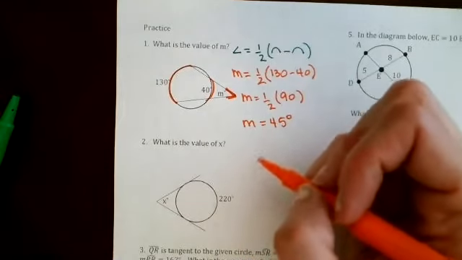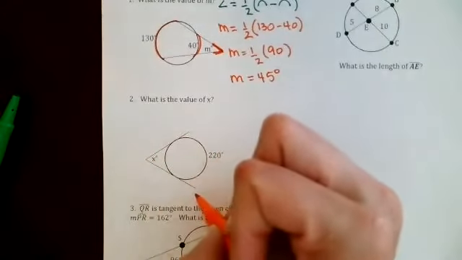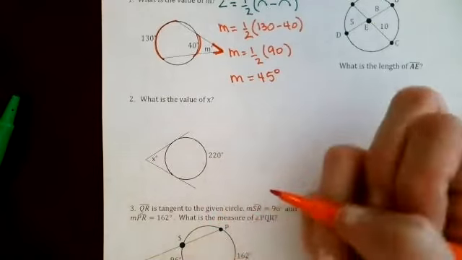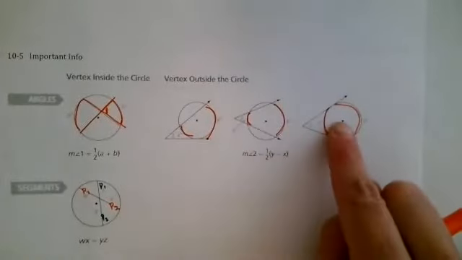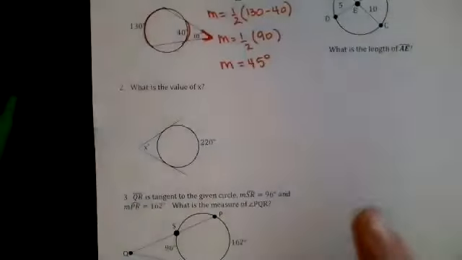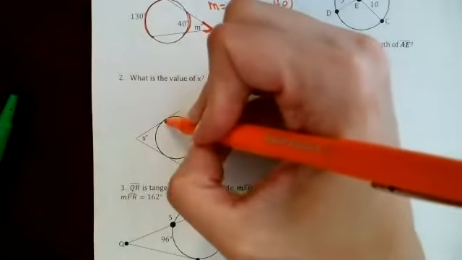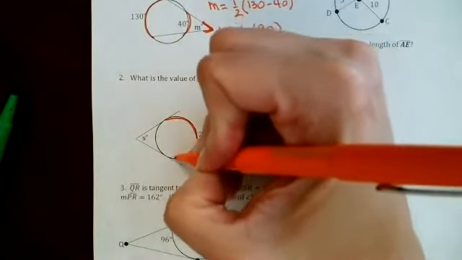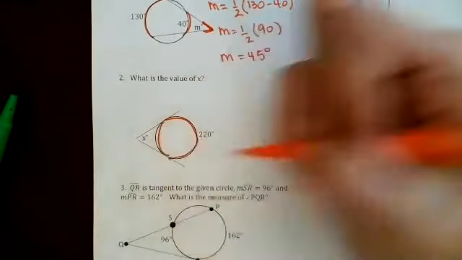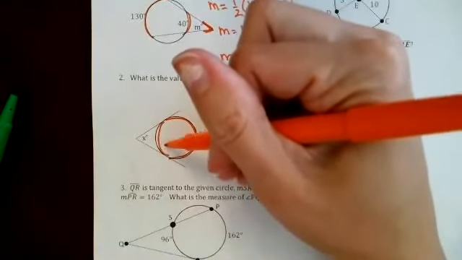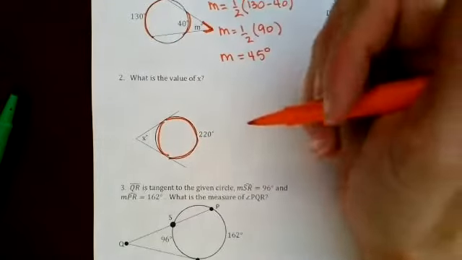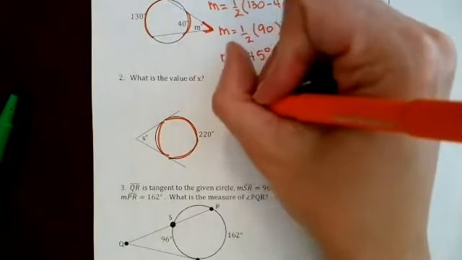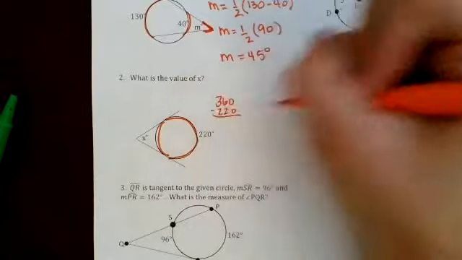Then I have a tangent and a tangent. And I'm going to use the same formula because on our notes, we said all three of these cases get the same formula. So we've got two arcs. I've got this arc and I've got this arc, but I don't know this arc. These two arcs together make an entire circle. So the first thing I have to do is figure out what that missing arc is.